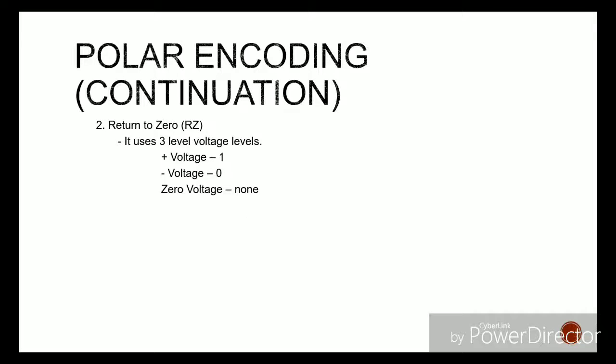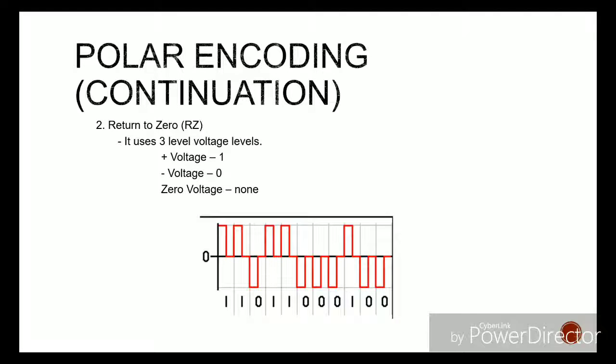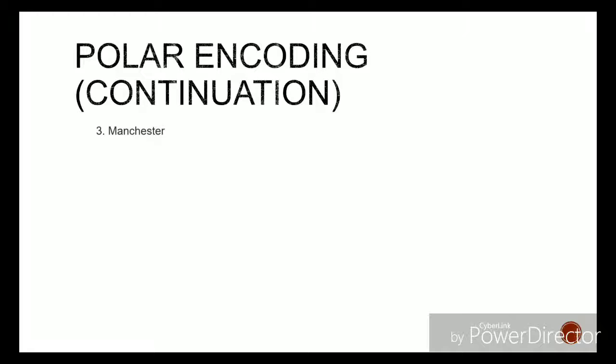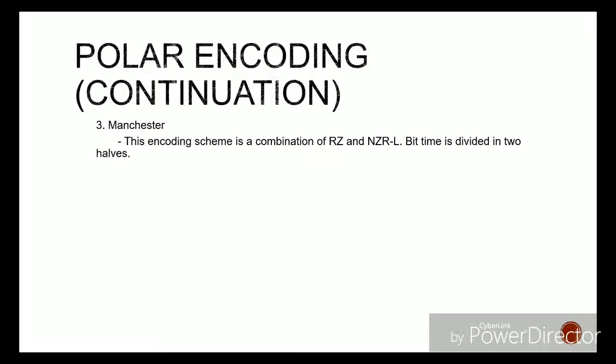The main difference between non-return to zero and return to zero is that in return to zero, whenever the signal is started, it also ended in the full 1 bit. Third is the Manchester.